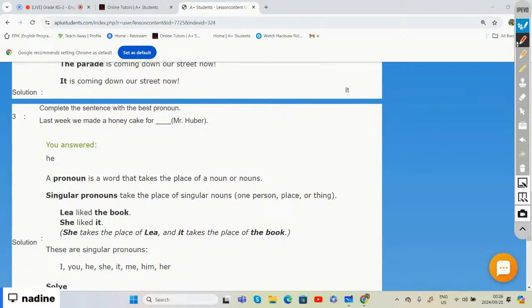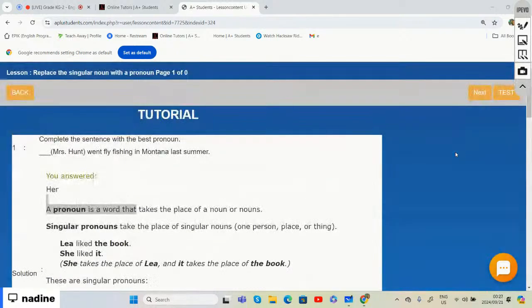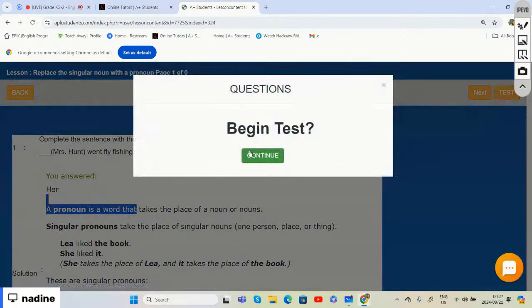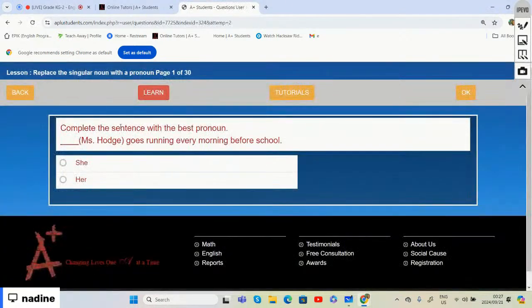All right. Now we're going to our test. And we're going to replace a singular noun with a pronoun. We need to complete the sentence with the best pronoun. It says, Miss Hodge goes running every morning before school.